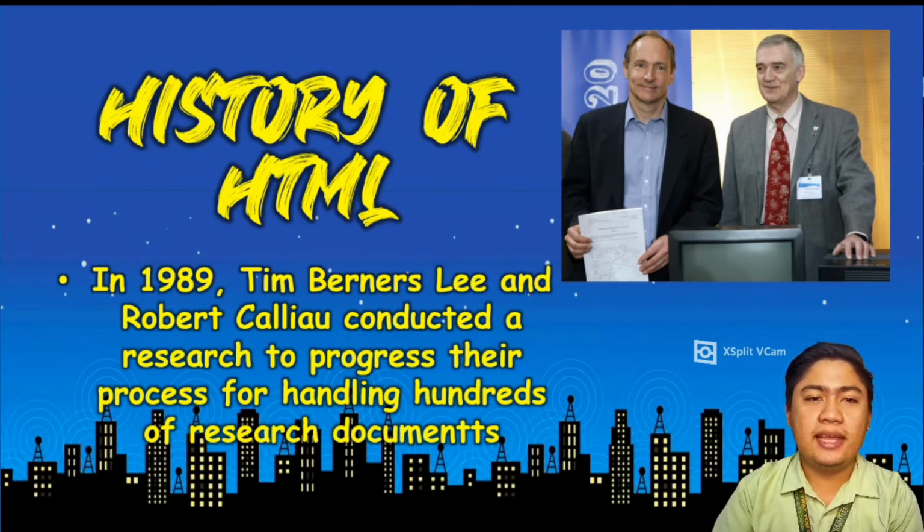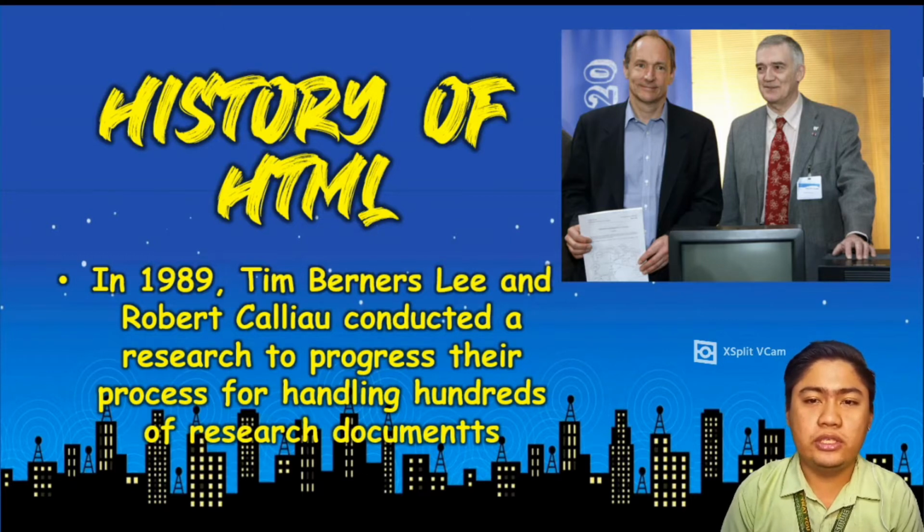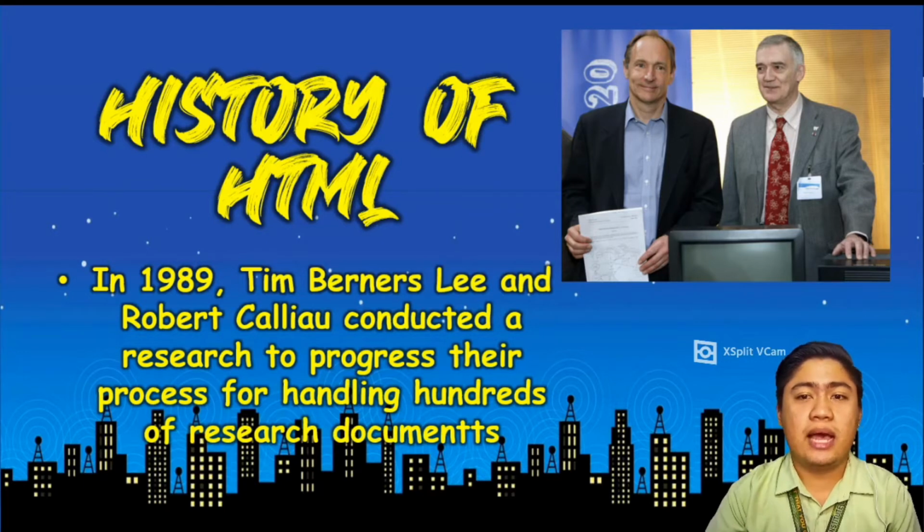In 1989, Tim Berners-Lee, at the right side, and Robert Cailliau, at the left side, conducted research to improve their process for handling hundreds of research documents. Over the next 2 years, Berners-Lee developed a compilation of tags that describe how a document should look when displayed in a web browser.